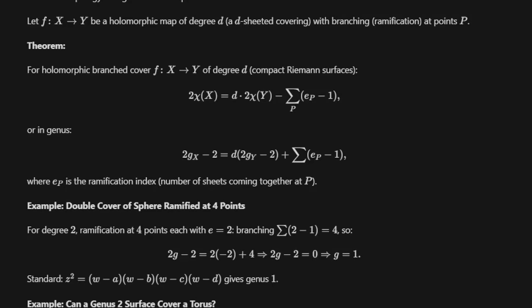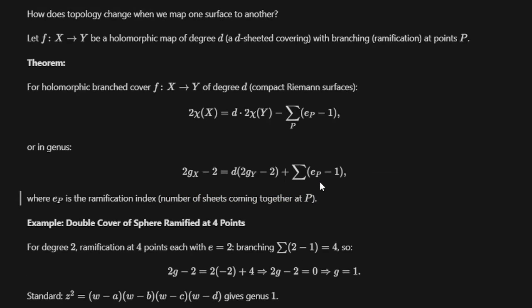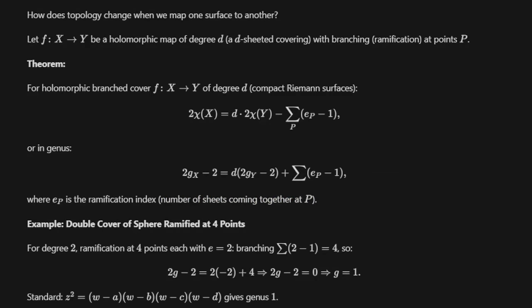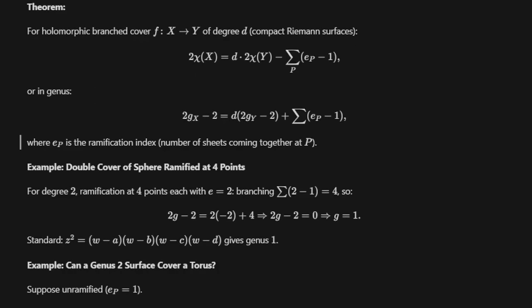We relate the characteristics: 2 minus 2 times the genus of X equals the degree times 2 minus 2 times the genus of Y, minus the ramification. In genus form, 2g(X) minus 2 equals d times (2g(Y) minus 2) plus the sum of (e_p minus 1), where the ramification index e_p is the number of sheets that come together at a single point. This relates the topology of the big surface X to the small surface Y and the branching index.